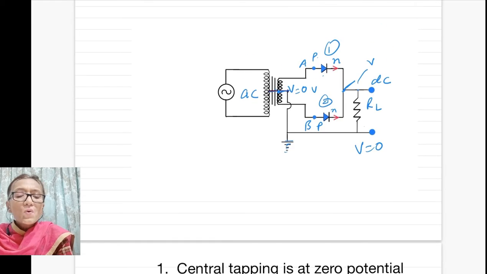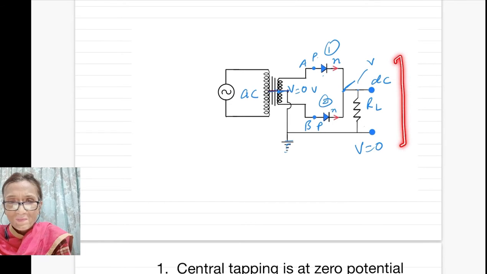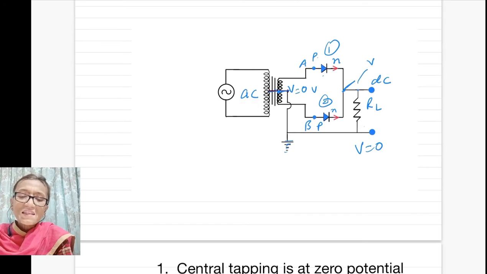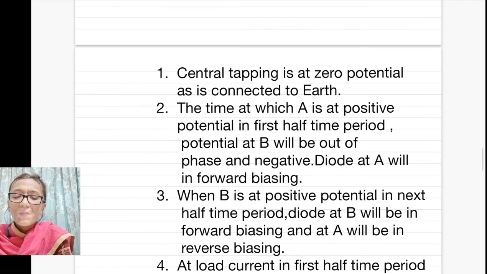And you know that current flows when there is potential difference. It is always made 0 potential due to earthing. So here is potential 0 and there will be certain potential as per the applied AC. So all these things we discussed. Central tapping is at 0 potential.